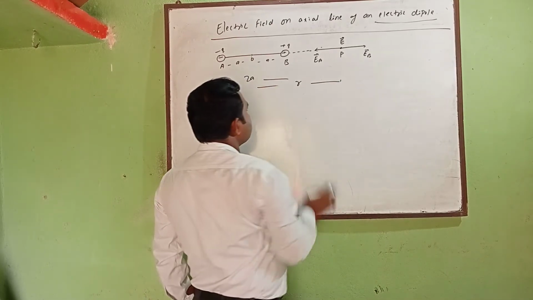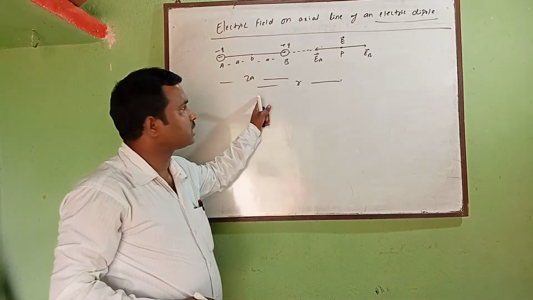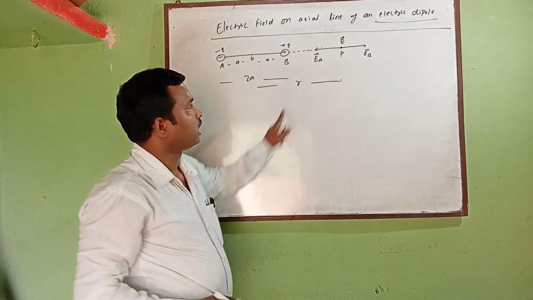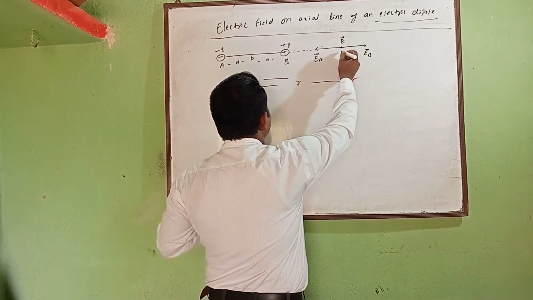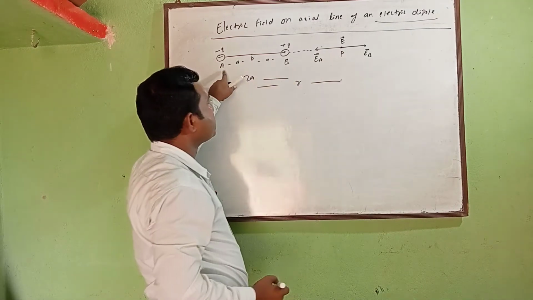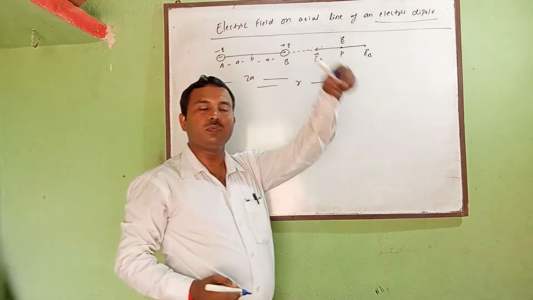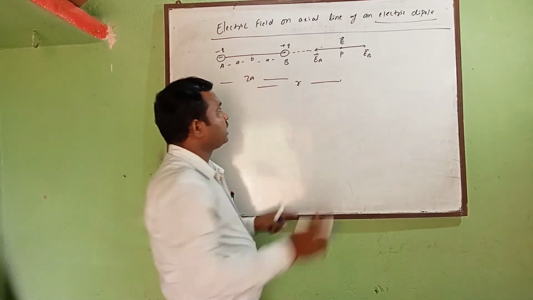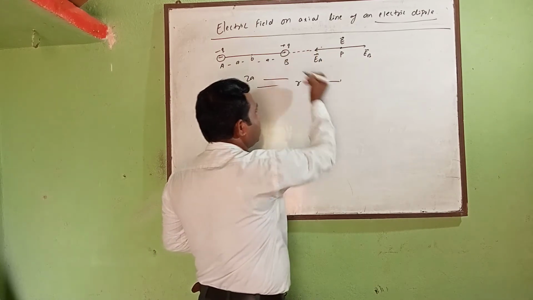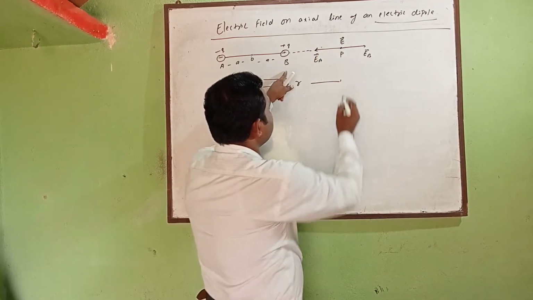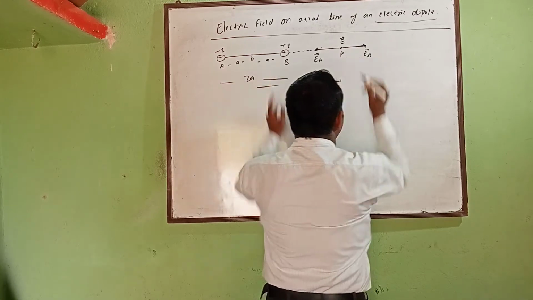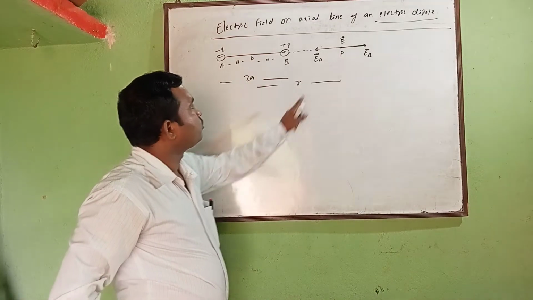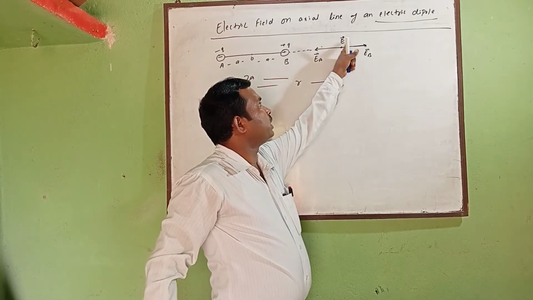Suppose the distance between P and O, the center, is R. The electric field due to these poles: here is the negative charge, so the field will move towards it, so the direction will be towards A. But due to B, the direction will be away from it. Okay, now we have to find the electric field at this point.